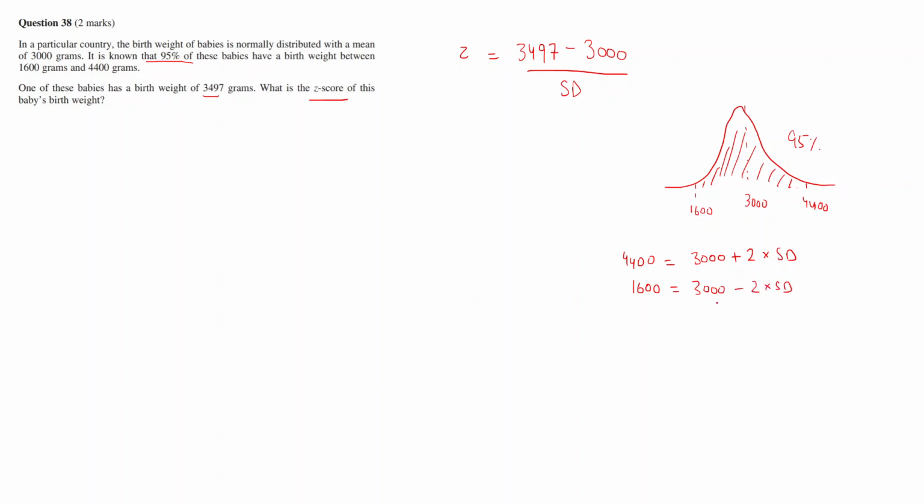You can use either of these equations and solve them. You will get the same answer. Standard deviation is 700. Now all you need to do is to plug that into this formula with 700 at the bottom, and you will get a Z-score of 0.71.